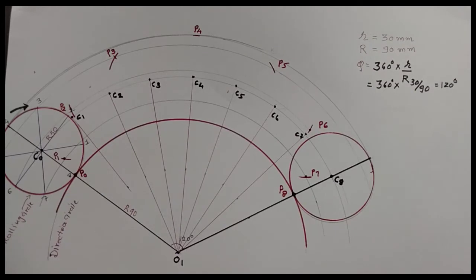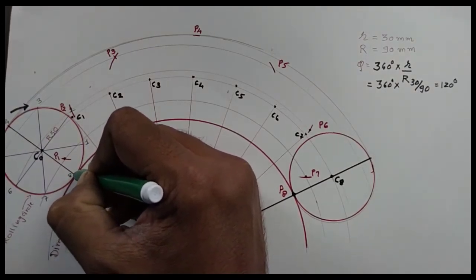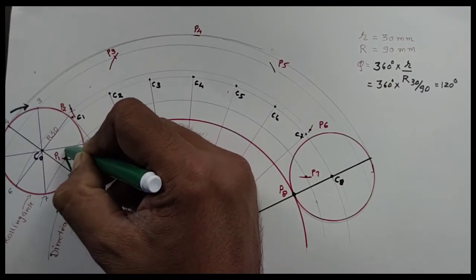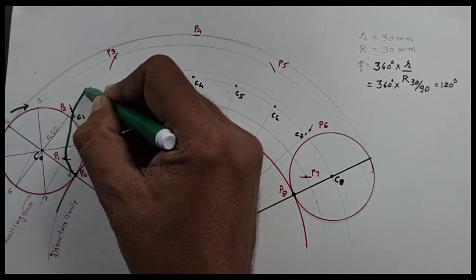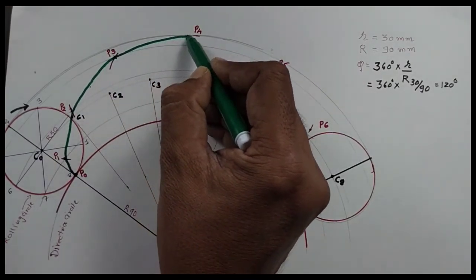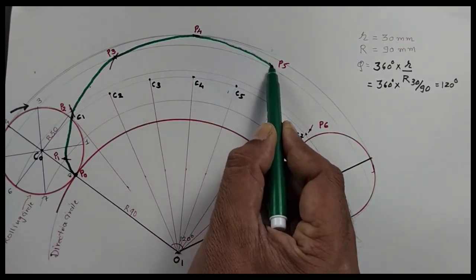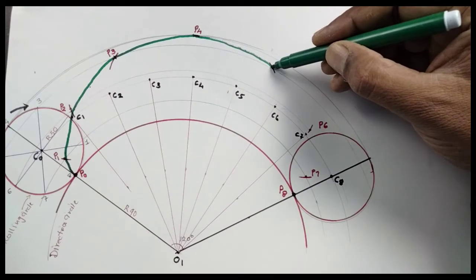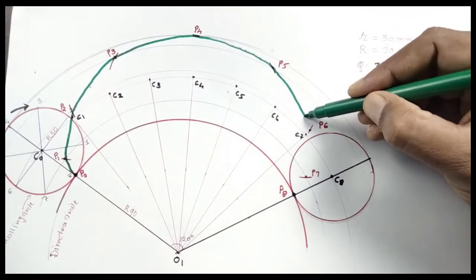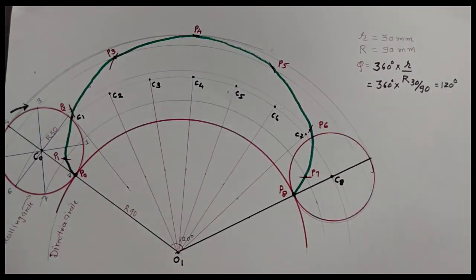Now you can join all the points with a smooth curve. So we can start from P0, then P1, P2, P3, P4, then P5, P6, P7, P8.